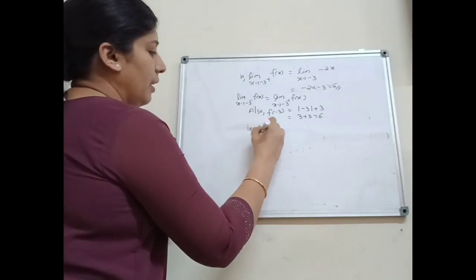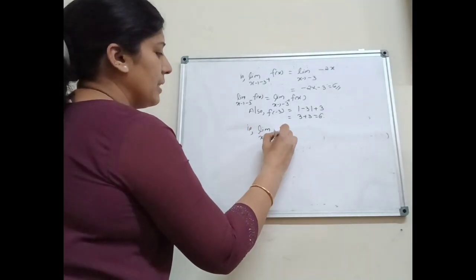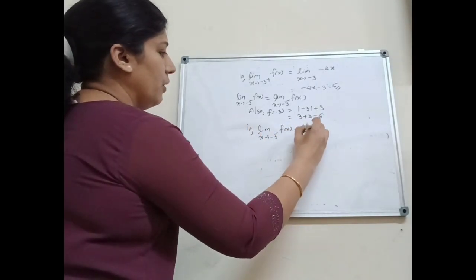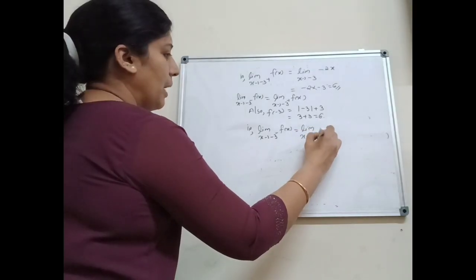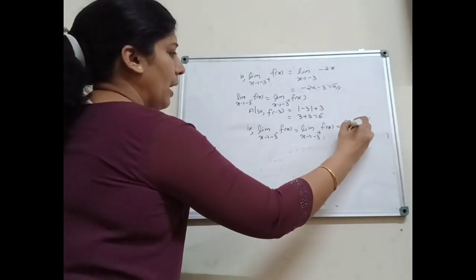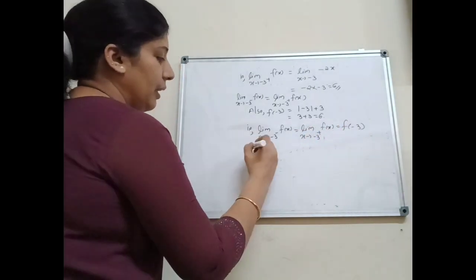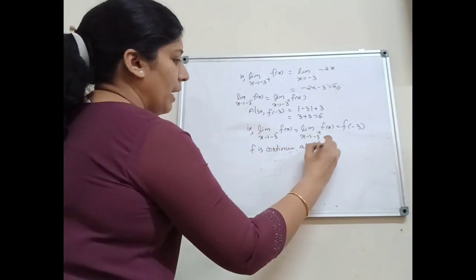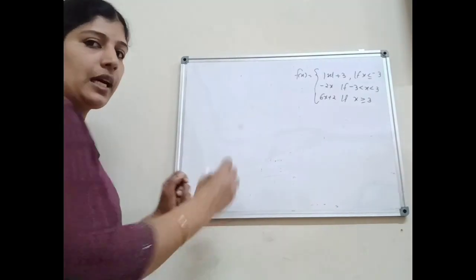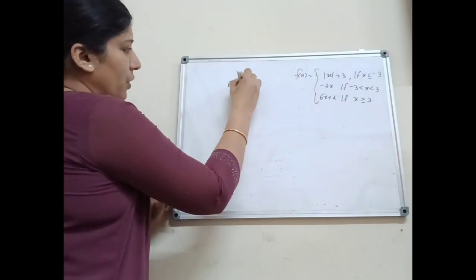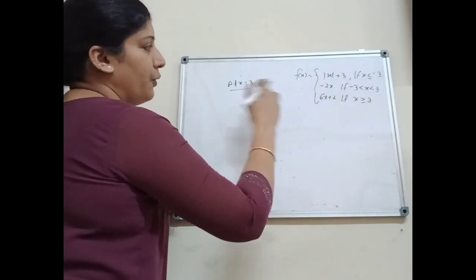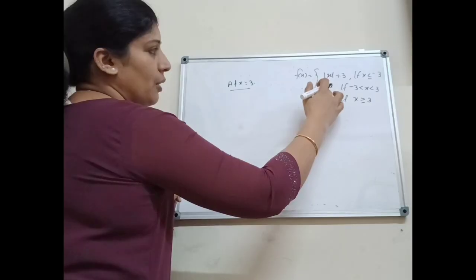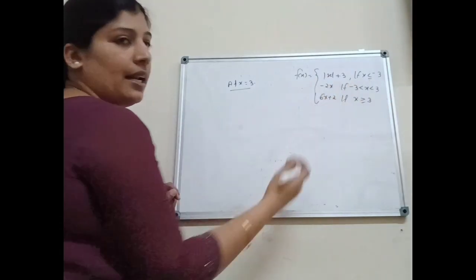The left hand limit equals the right hand limit equals f of minus 3. That means f is continuous at x equal to minus 3. Next, we have to check whether the function is continuous at x equal to 3. First, at the left of 3, the function f of x is minus 2x if x is less than 3.